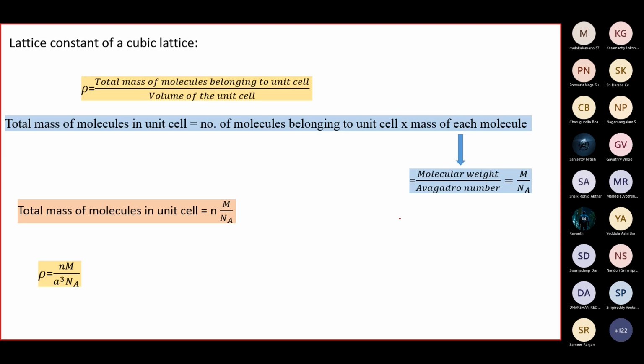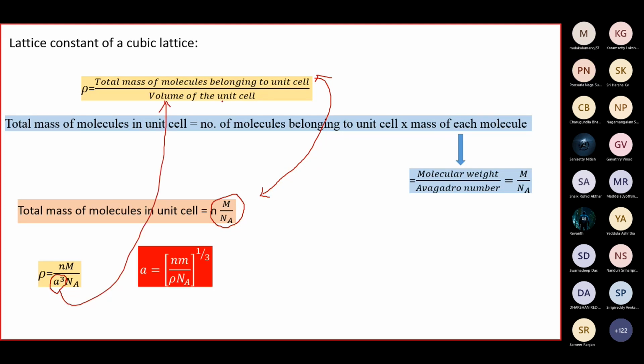Where did you get a cube from? a is the length, so a cube is the volume of a unit cell. So a is equal to (nM by rho Na) whole raised to 1 by 3.